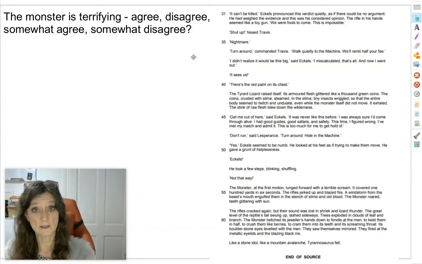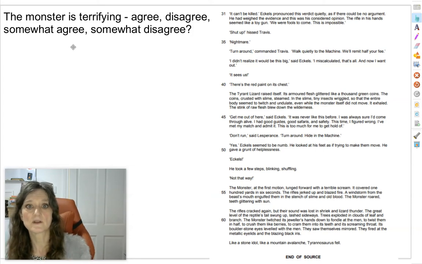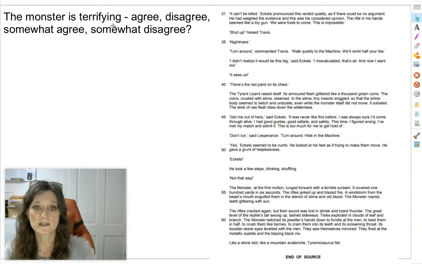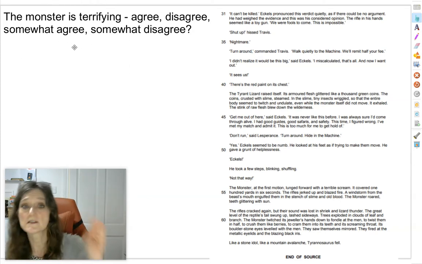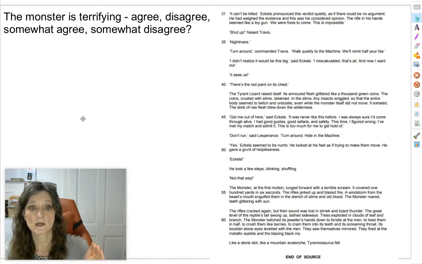Because on this particular exam paper, question 2 and question 4 are very similar. Question 2 is like, how does the writer use language to write about the monster? And here it said, do you agree that the monster is terrifying? You can see it's really close. So if you accidentally use the wrong bit and end up rewriting your question 2 answer, you get 0 for writing about the wrong section. You must stick to what it says here.